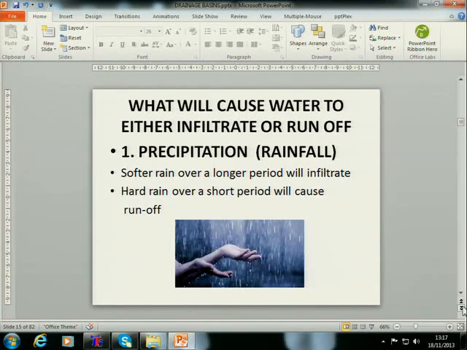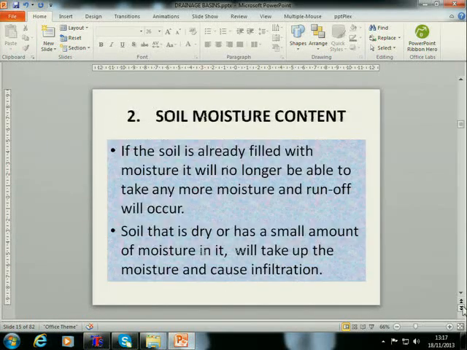If it is like a thunderstorm, a flash flood may occur, meaning that that hard rain will not be on the ground as long and then go into the ground. It will start running off because it is hard and it is continuous for a short period. So the hard rain over a short period will cause runoff, and the softer rain over a longer period will cause the water to infiltrate.